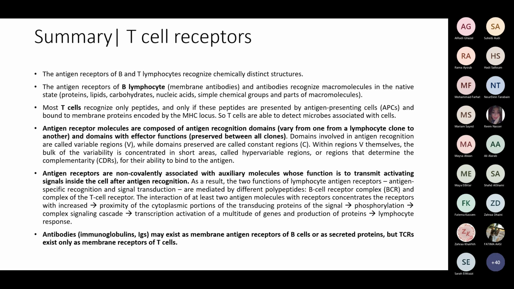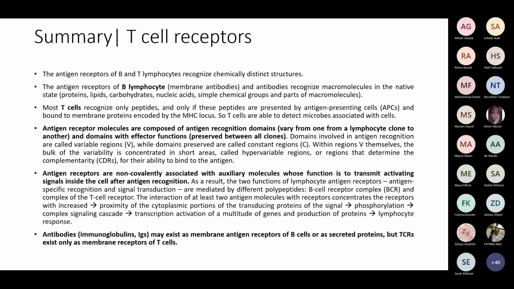Normally T cells recognize mostly peptides. Okay, while B cells, what did we see they recognize? Possibly polysaccharides, lipopolysaccharides, etc. So a lot of different types of chemicals. The antigen receptor of B lymphocytes is a membrane antibody, as you saw. Which isotype do we usually find on the surface of B cells? Gamma, IgG.